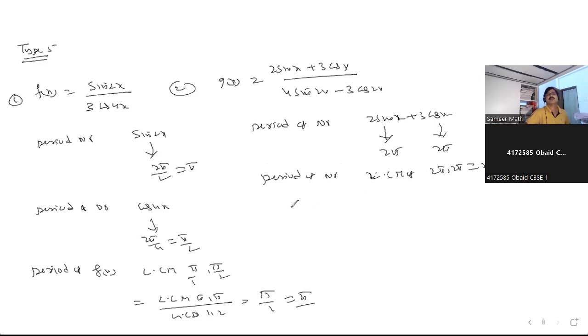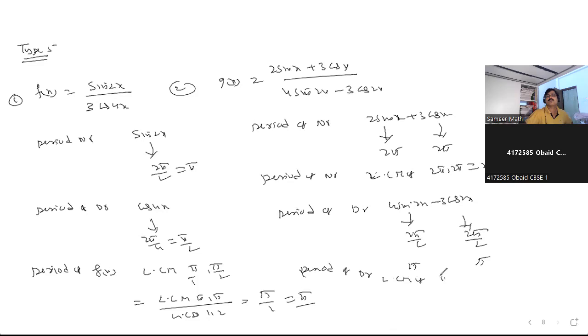Now the period of the denominator, 4 sin 2x minus 3 cos 2x, is 2 pi by 2, which is pi for both. So the period of the denominator is LCM of pi and pi, that is pi.